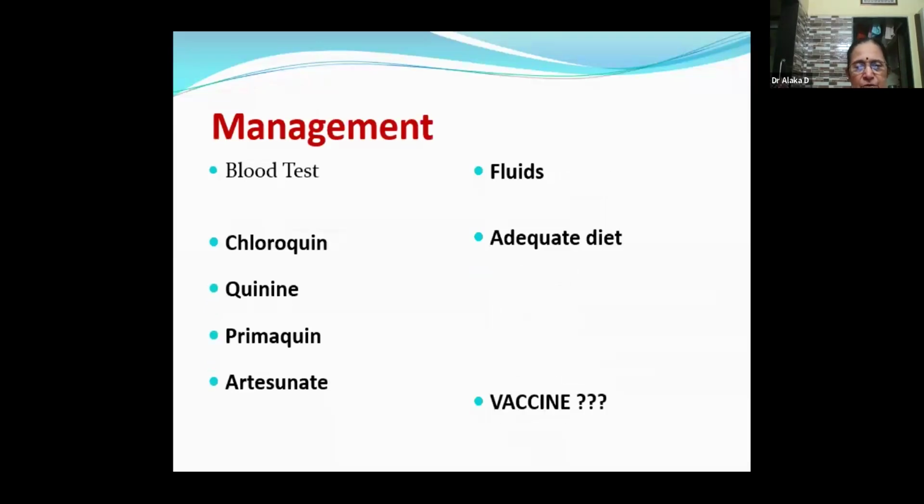The blood test we do has to be a thick and thin peripheral smear, and we classify the parasites. Of course, you know the drugs: chloroquine, age-old quinine, primaquine, artesunate. At the same time, remember, lots of fluids have to be given and the diet has to be adequate.